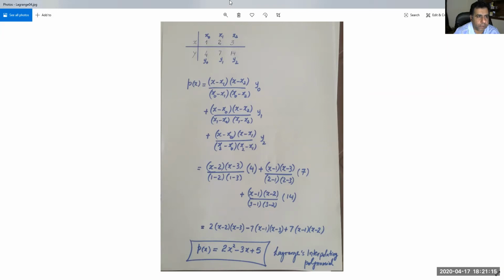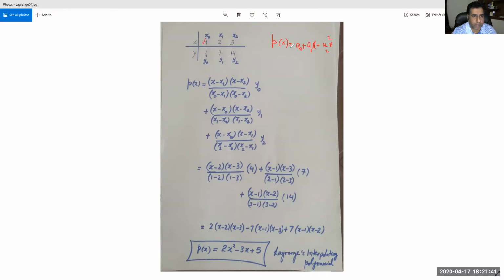We have 3 nodes. If you solve it by power series interpolation, you assume that behind the data there is a second degree polynomial, a naught plus a1x plus a2x squared, and you plug in these data points one by one.